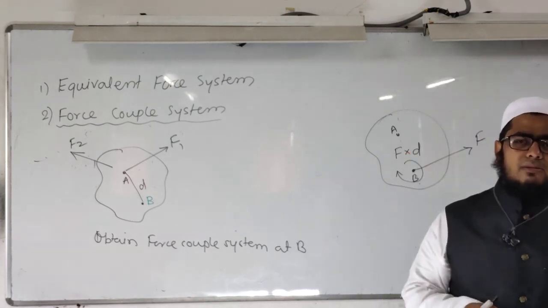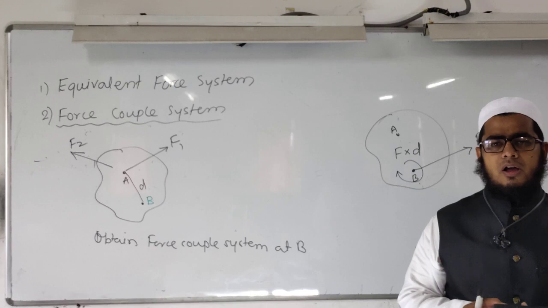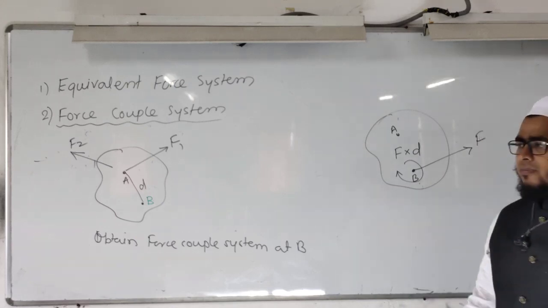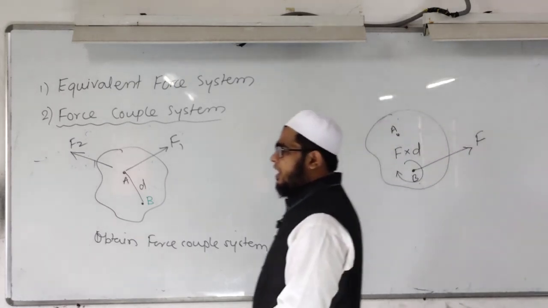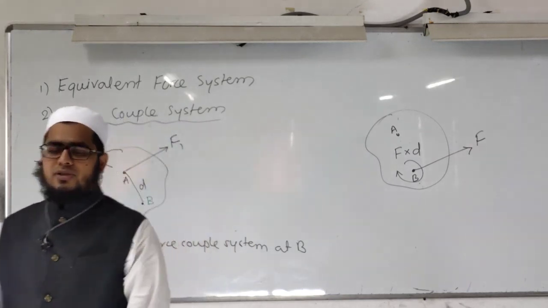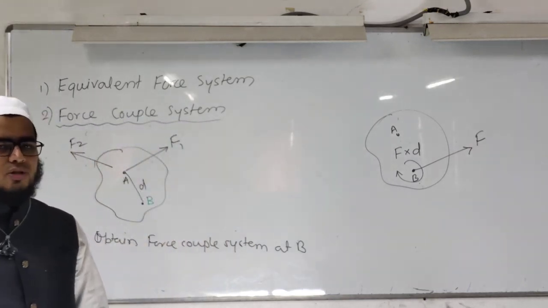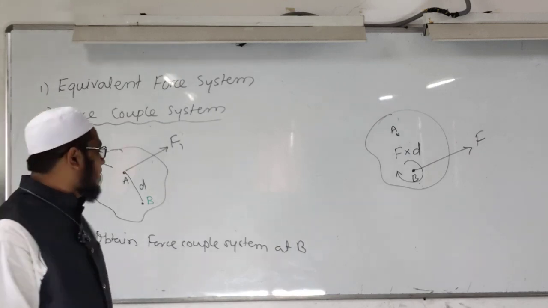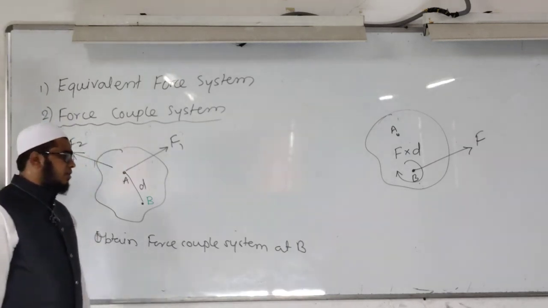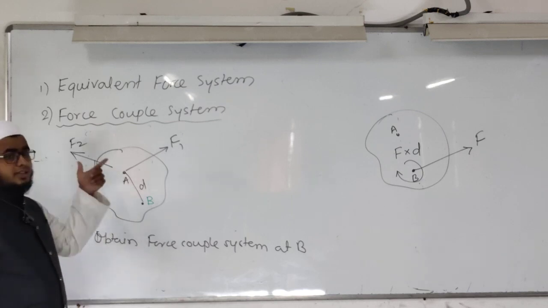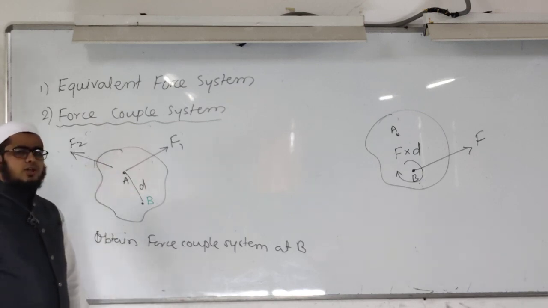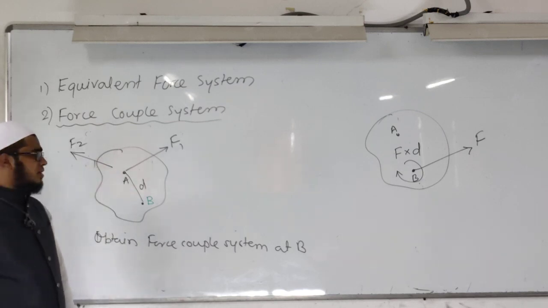I will find the algebraic sum of horizontal and vertical forces, summation Fx and summation Fy, and use them to calculate my resultant R, equal to the square root of summation Fx squared plus summation Fy squared. And along with R, I will find alpha as tan inverse of the modulus of summation Fy divided by summation Fx.